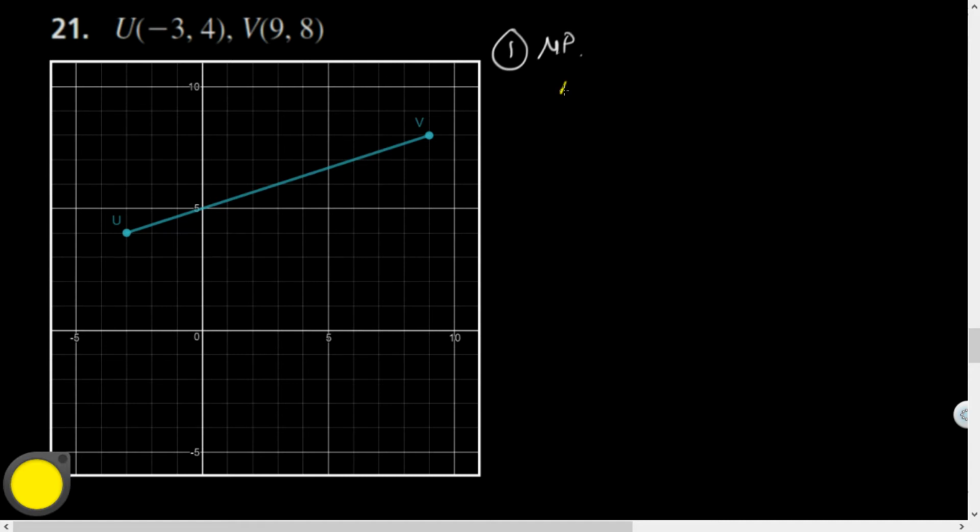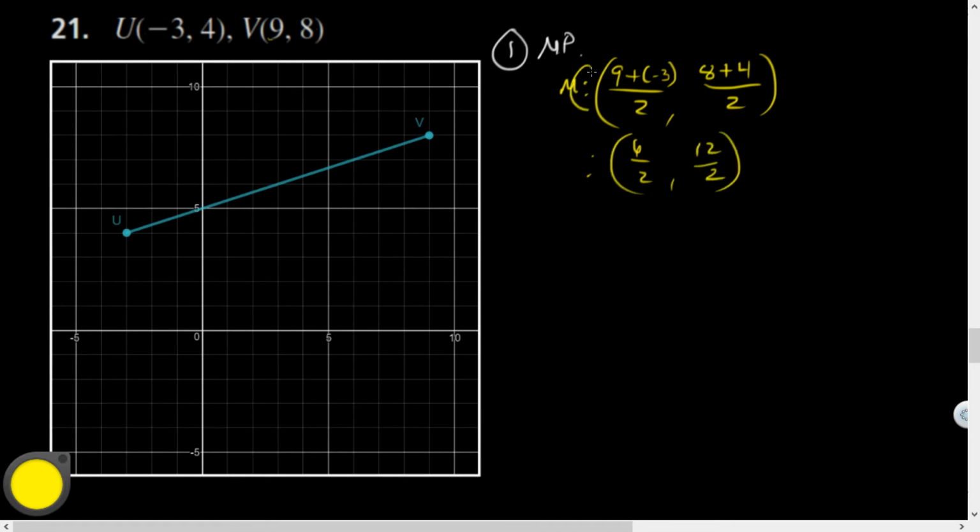So the midpoint of UV, I'll call it M, and it's going to be the average of the x's, so 9 plus -3 divided by 2, comma, average of the y's, 8 plus 4 divided by 2. So that's going to be 6 over 2, comma, 12 over 2.